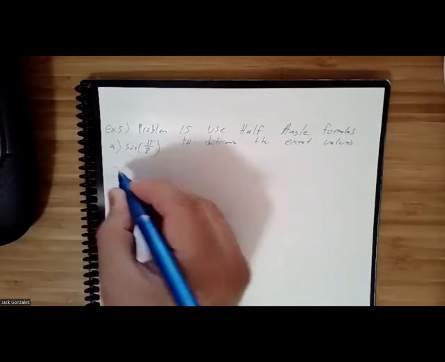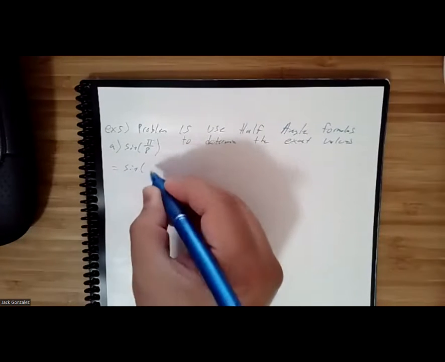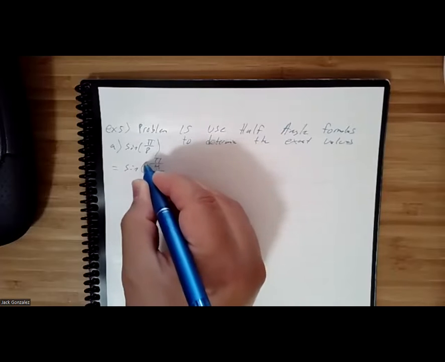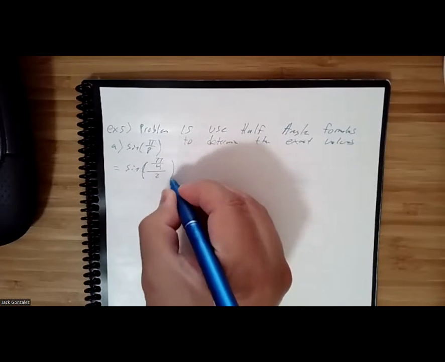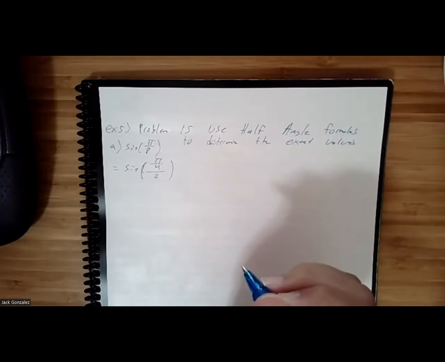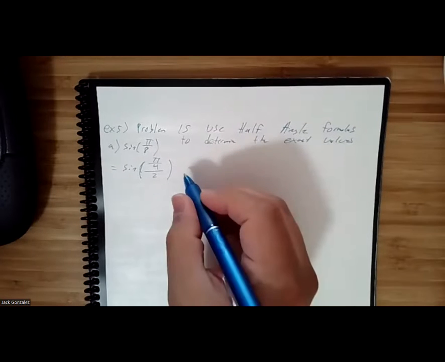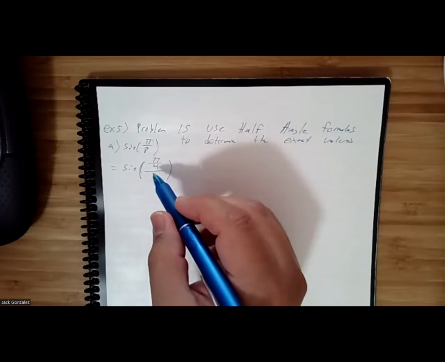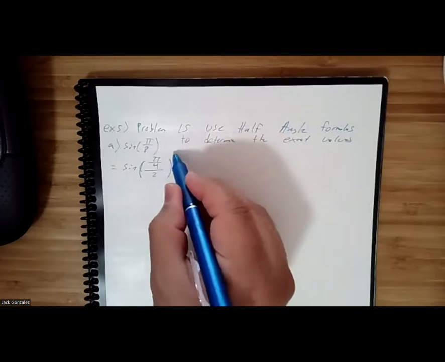Right, so this becomes half of something that is on the circle. Half of 4 is 8, right? So what we can do is use this formula as your alpha right here.